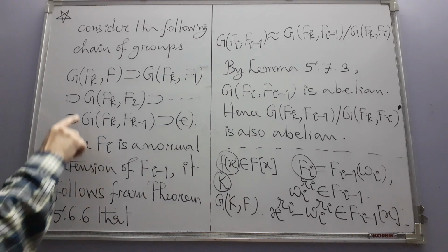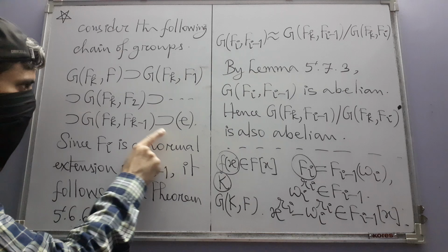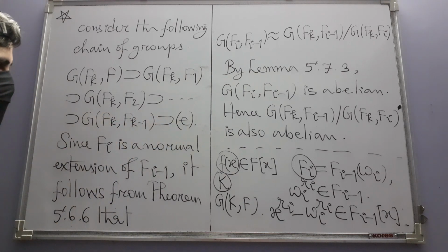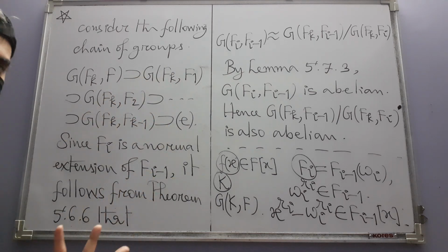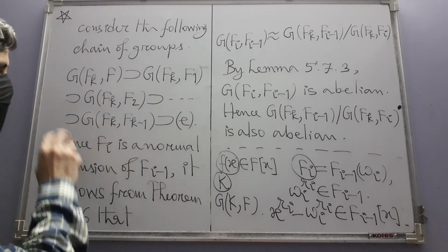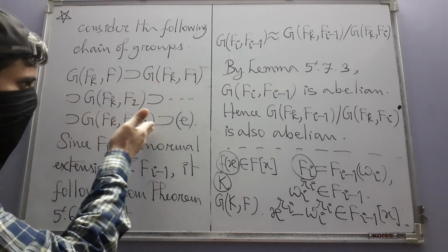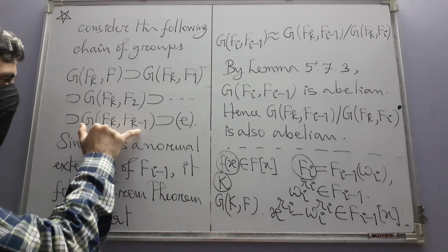Now you are looking at a chain of groups like this, where each subgroup is a normal subgroup of the previous one, and there are many quotients you can form from this situation. For example, one of them is this group quotiented by the identity group, which will be isomorphic to this group.